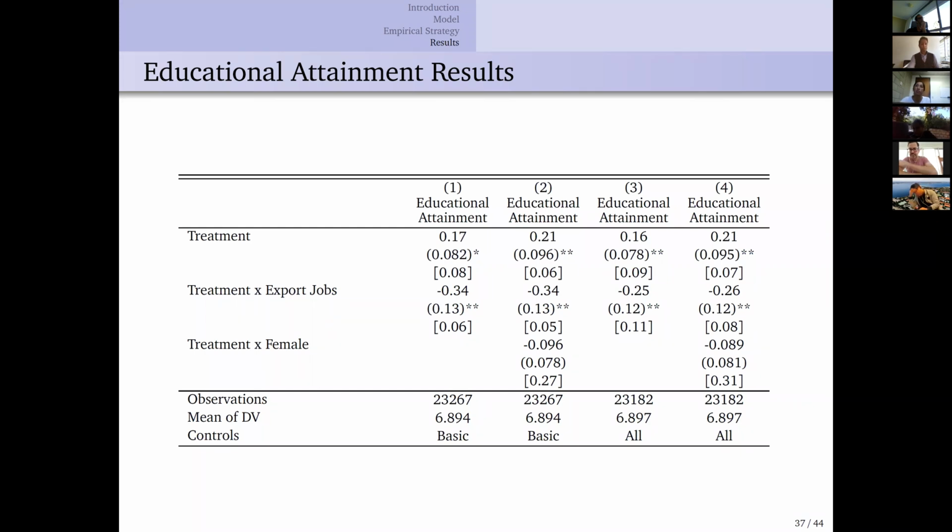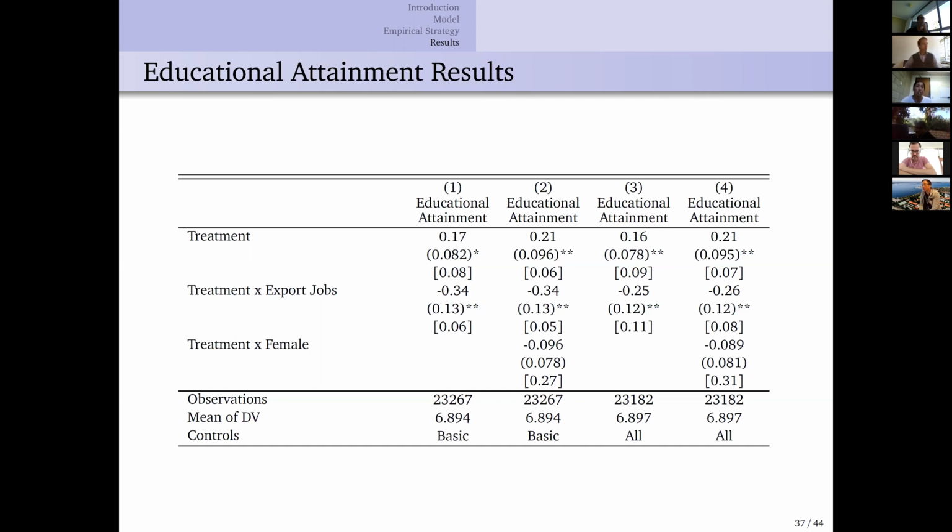But yes, these would suggest that places with at least one standard deviation level of export jobs higher than the mean basically had no PROGRESA treatment effect. I'll have to check if that holds up with nonlinear specifications, but that is consistent with the fact that there were some states that had no PROGRESA impact at all. So it's not such a crazy idea that there was no treatment effect in some areas.